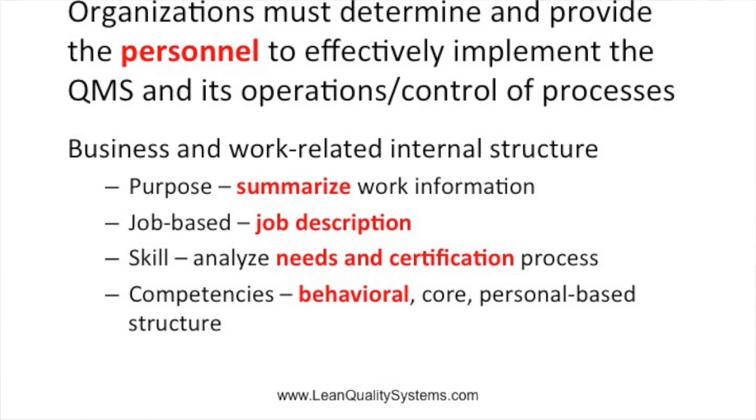What kind of people do we need? What do they have to do? And skills, analyze the needs and certification processes. What kind of skills do we need? What type of certifications? What type of training do we need? And competency. Competency takes in a lot of things, not just physically doing the job. It's behavioral, it's the core, it's the personal base structure of someone.